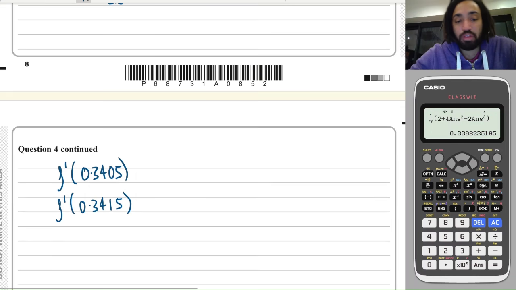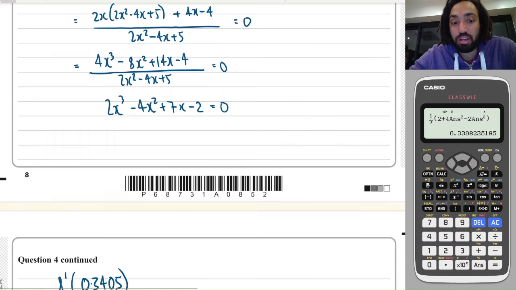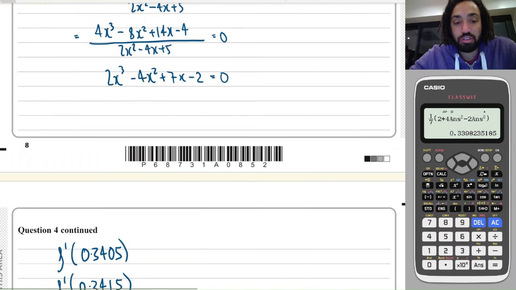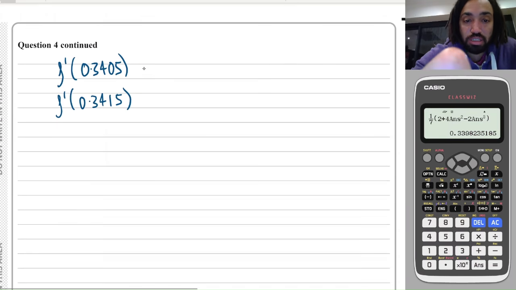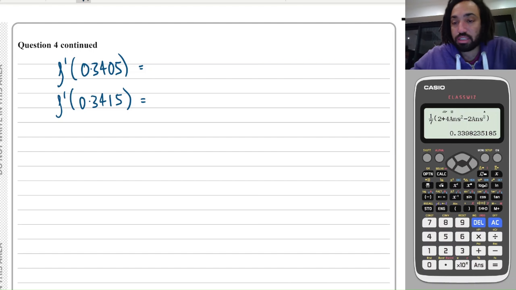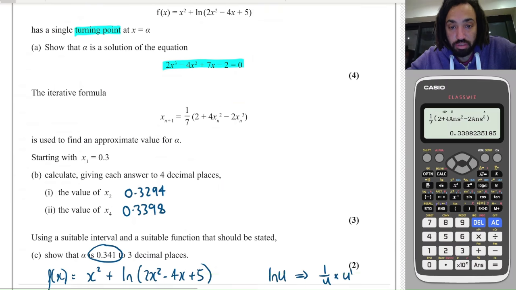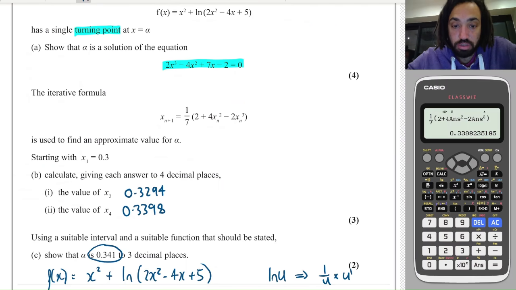When I say a little bit above, I mean it's specifically the lower bound and the upper bound when you round to three decimal places.